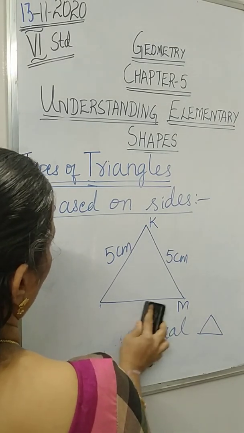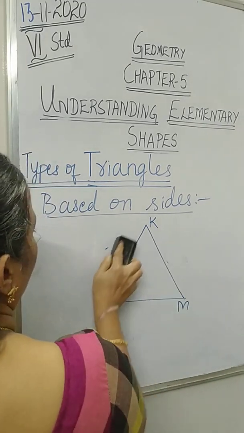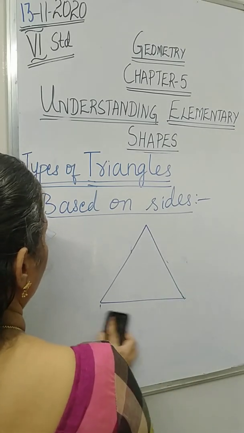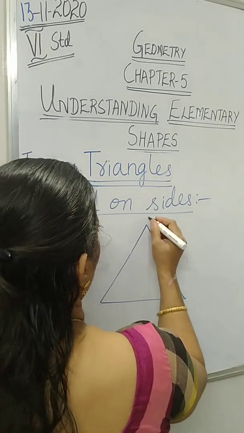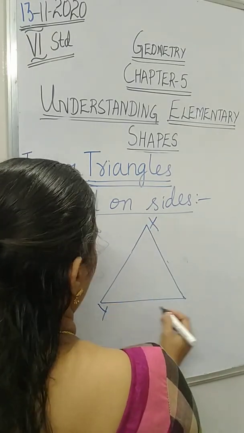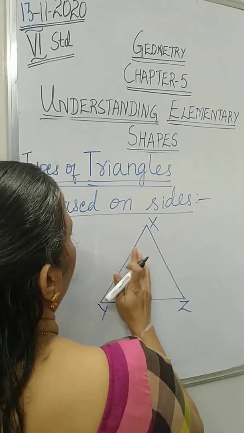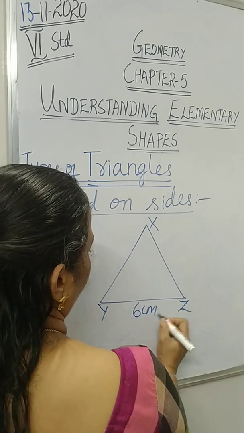Now let us go for the next one. I'll change the measurements and the alphabets also. Now look here. Suppose you think it is triangle XYZ. Here it is 6 centimeter.